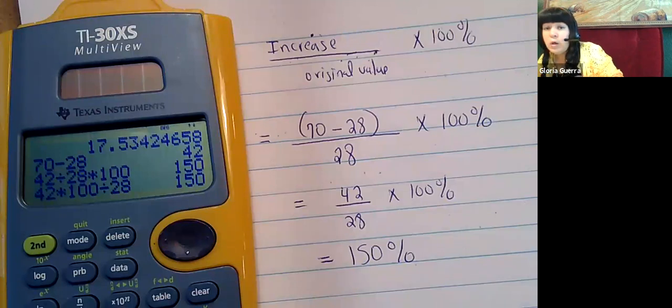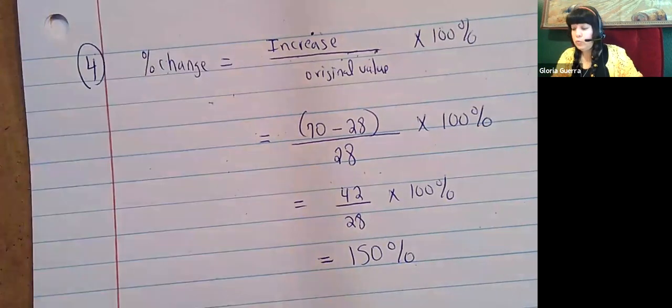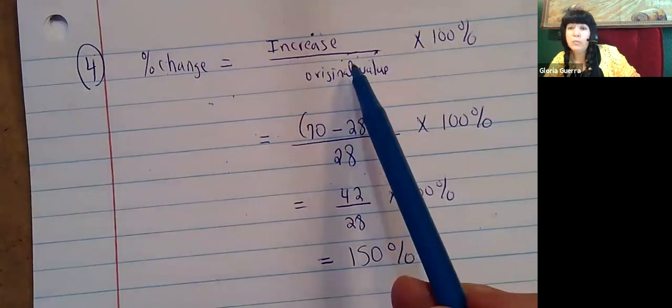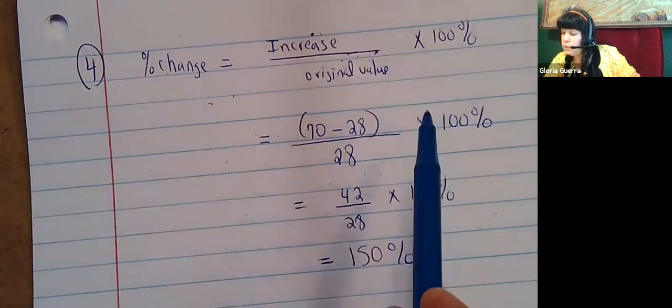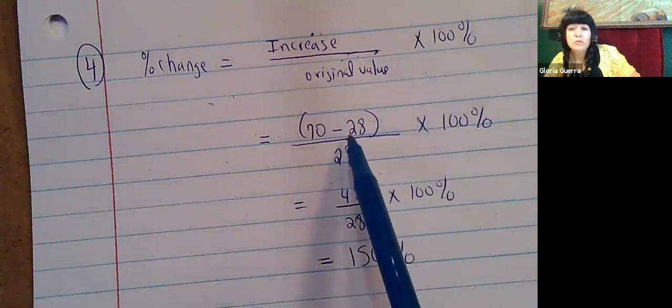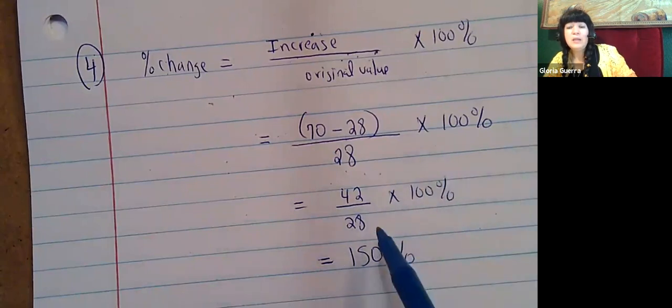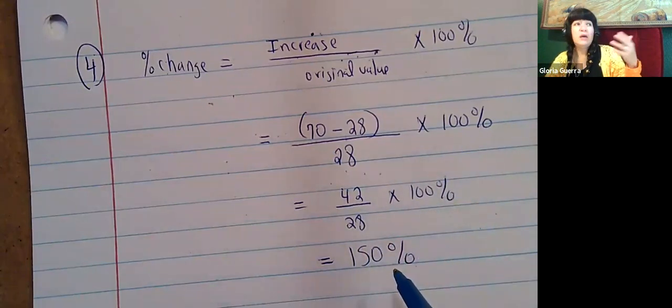All right. So on your tests, when you show your work, remember your teacher wants your formula, and this formula is on the formula sheet. Do your substitutions, and then you type everything in. This one didn't have an exact answer where you have to round off.